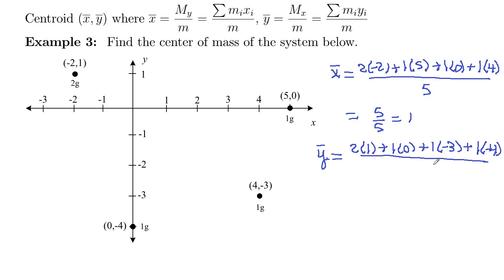And then divide by the total mass again of 5. So we've got 2 minus 3 is -1. And minus 4 is -5, so -5 over 5, which is -1. So our centroid here, x bar, y bar, is (1, -1).